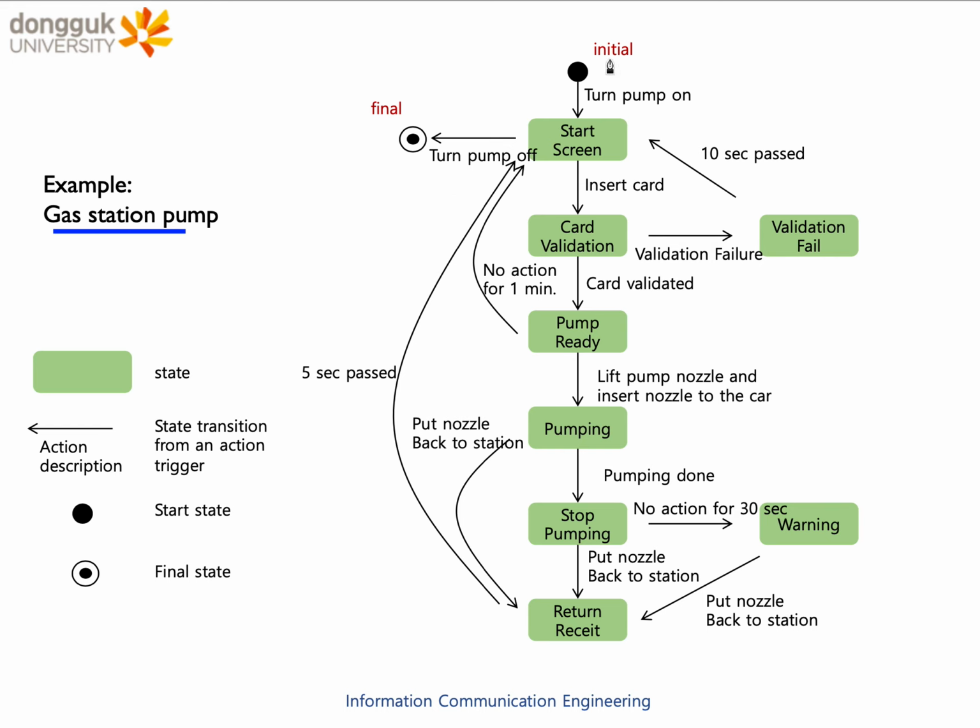Initially it is at the start position here, and by the turn pump on action, it goes to the start screen state. And by the turn pump off action, it will change to the final state, and once it reaches the final state, it's done. You have to restart the system.